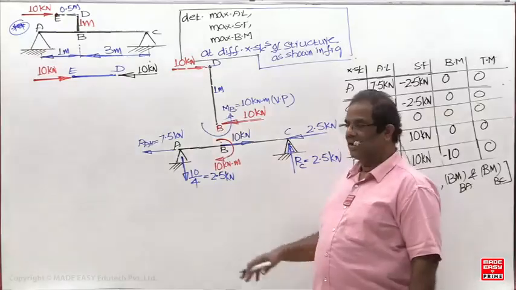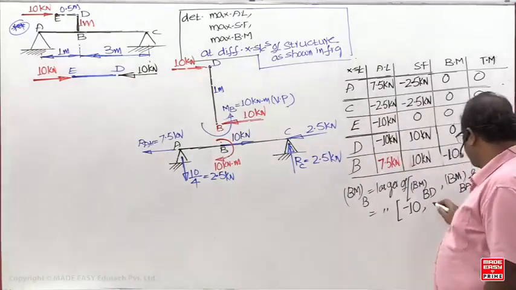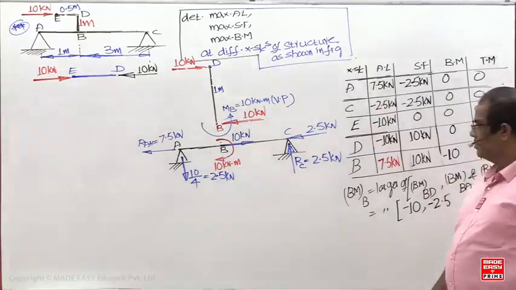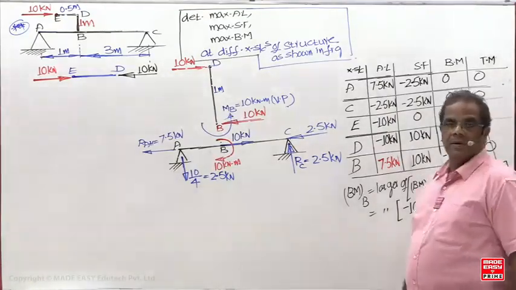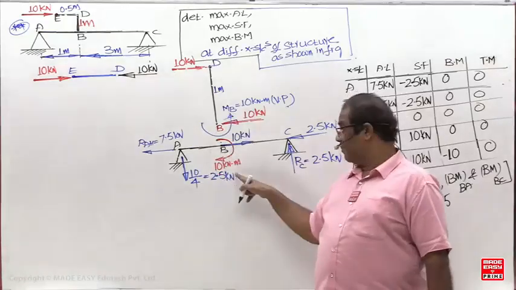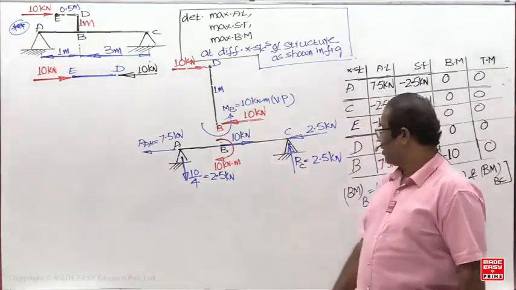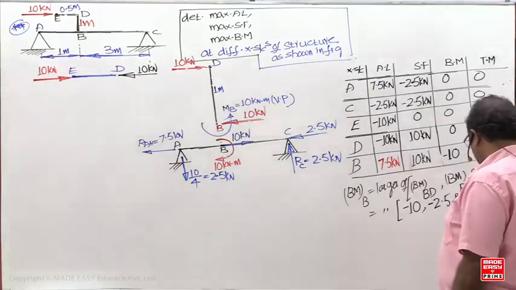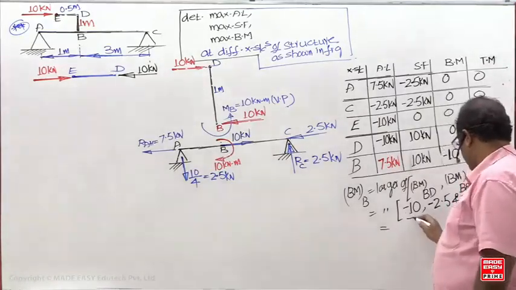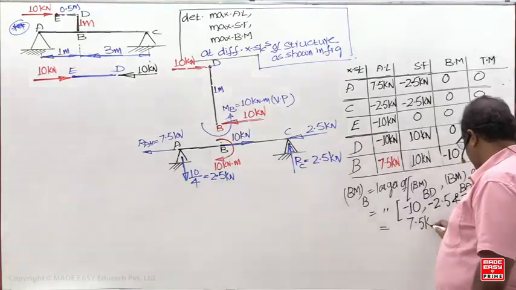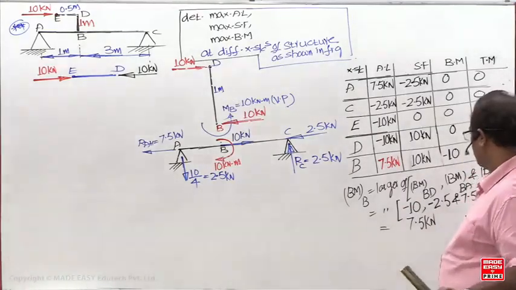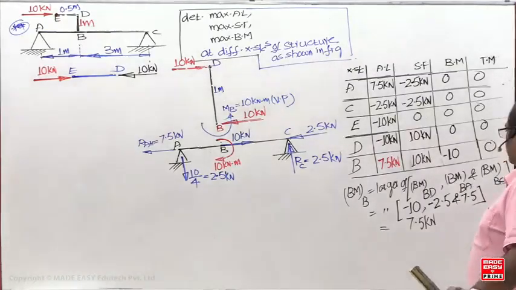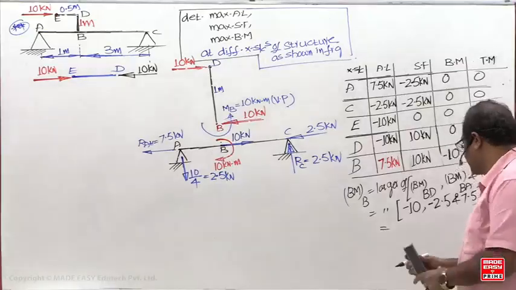Minus 2.5. Next, you have to consider this now. Minus 2.5 plus 10, plus 7.5. Sorry, larger value is 10, minus 10.